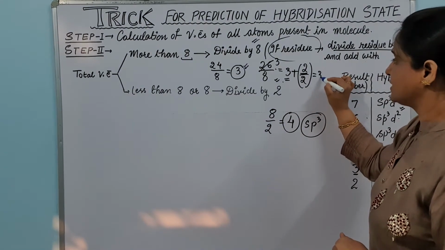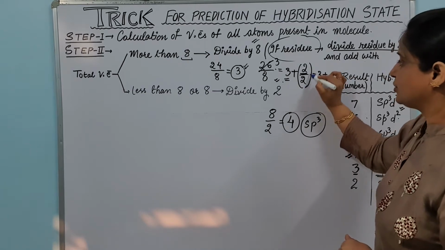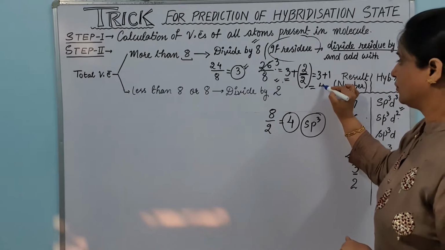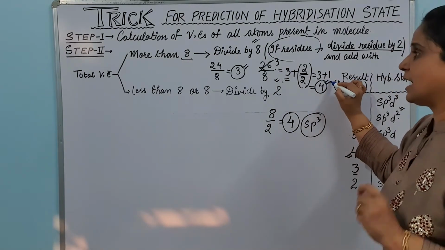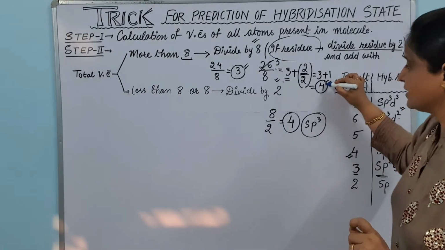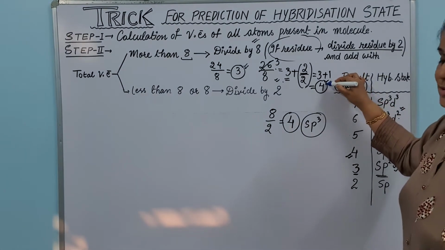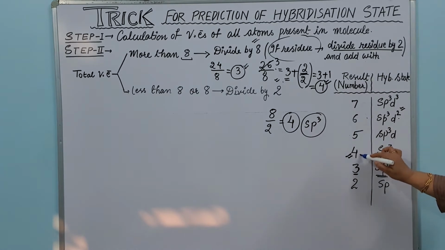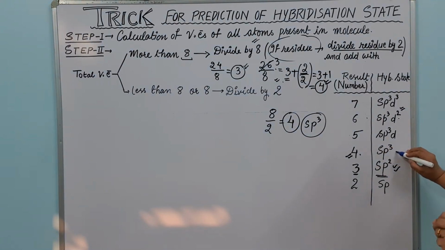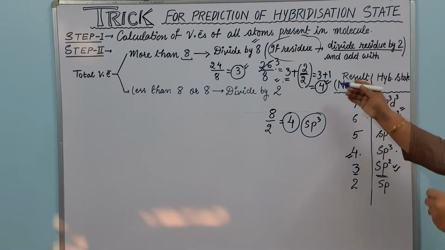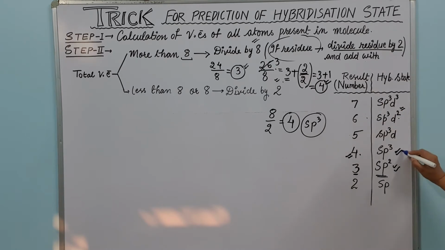So the answer is 3 plus 2 by 2, which is 1. That is 4. This 4 is the ultimate result, and we are going to see it in the chart and decide the hybridization state accordingly. So in this case also the hybridization state of the element is sp3.